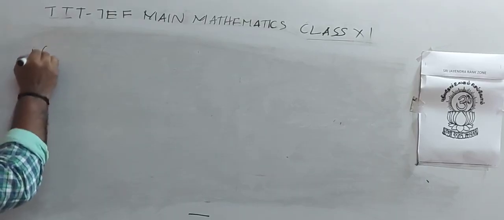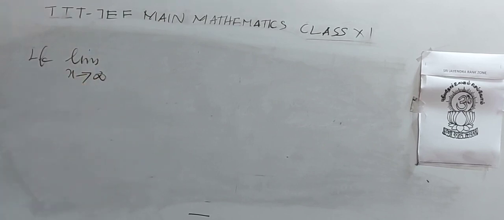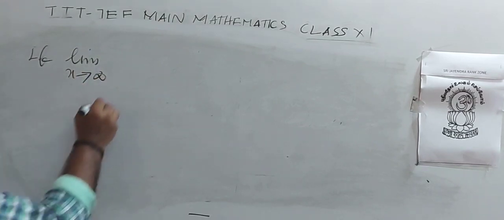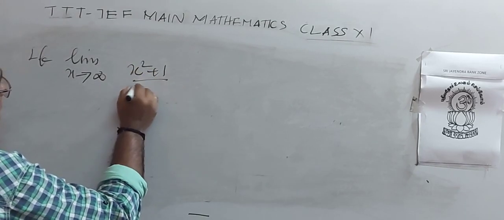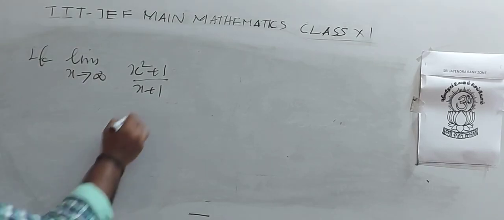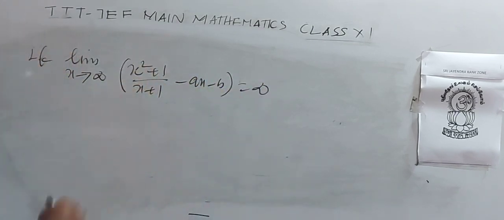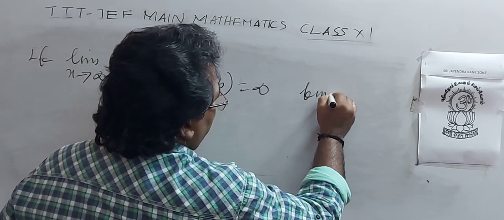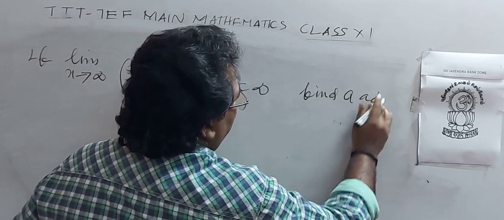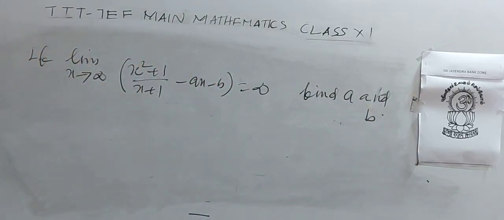If the limit as x tends to infinity of (x² + 1)/(x + 1) − ax − b equals infinity, find a and b.